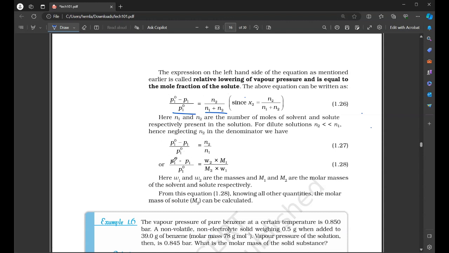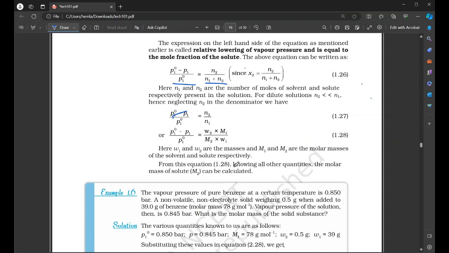The same thing: relative lowering of vapor pressure is equal to N2 upon N1, the ratio of moles, and we can also write it as W2 M1 upon M2 W1. Here, W1 and W2 are the masses, and M1 and M2 are the molar masses of the solvent and solute, respectively.